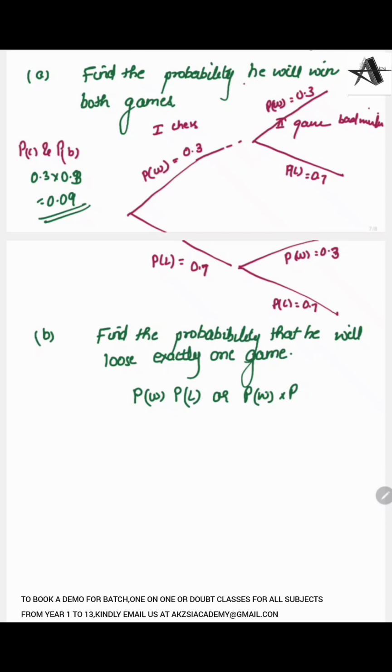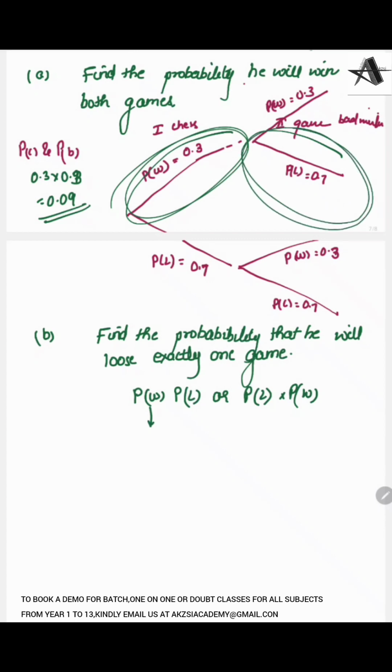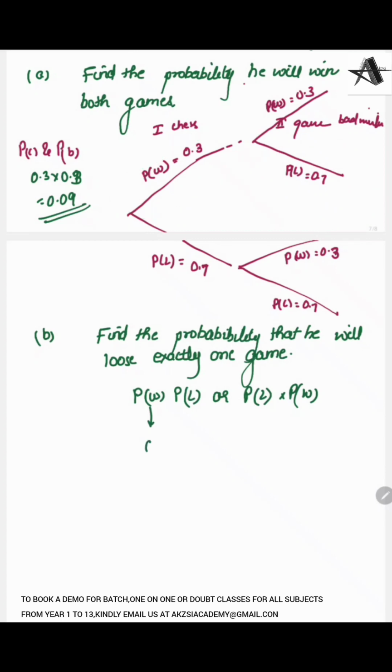So winning chess is 0.3 and losing badminton is 0.7, or, that means add them up, he can lose chess.